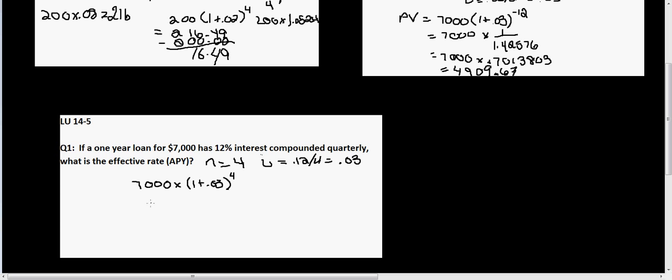All right, that amounts to 7,000 times, when you simplify, 1.03 to the power of 4, 1.12550 88.